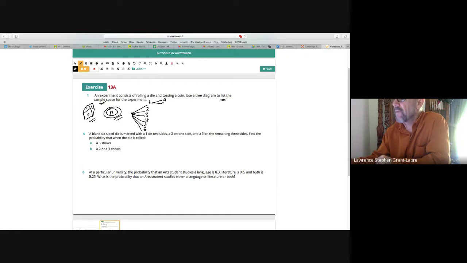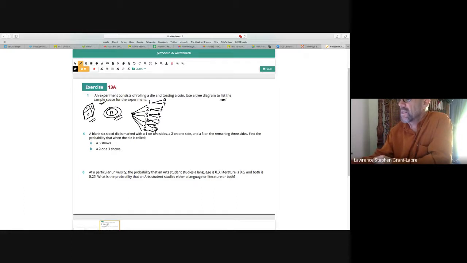So from each of these branches, it could be a head or a tail, head, tail, head, tail, head, tail. And there it is.